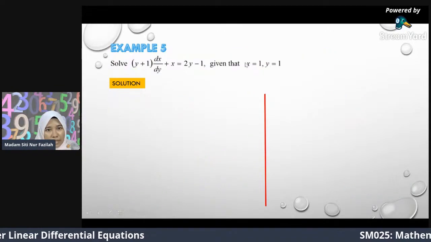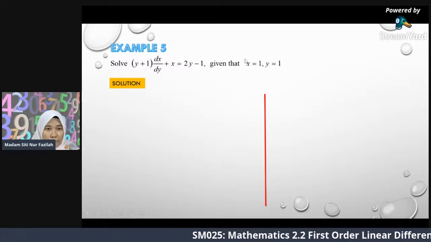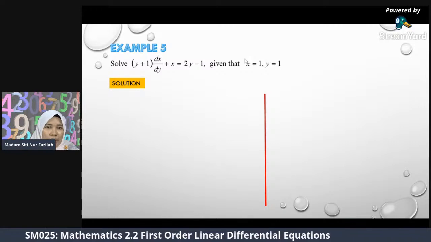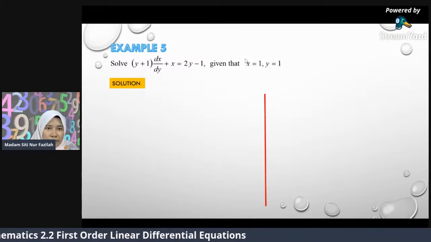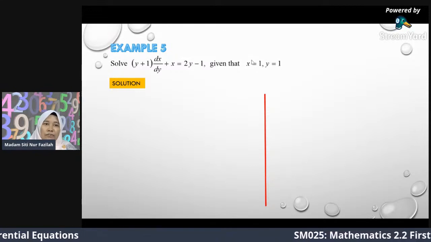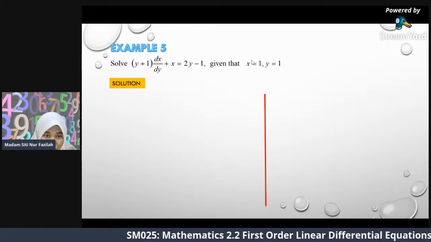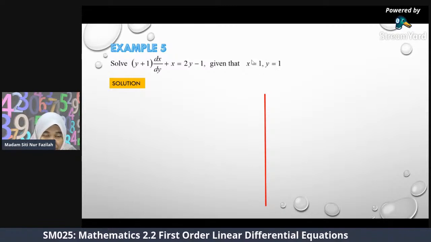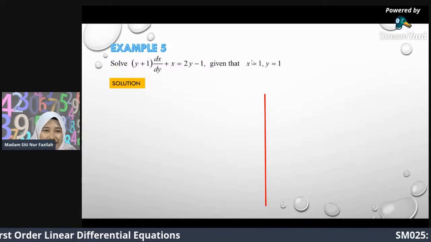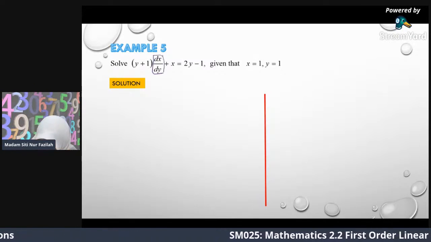Next, example 5. Solve (y + 1) dx/dy + x = y - 1, given that x = 1, y = 1. For this differential equation, we need to be more careful, because usually the derivative is dy/dx, but in this question it is dx/dy.